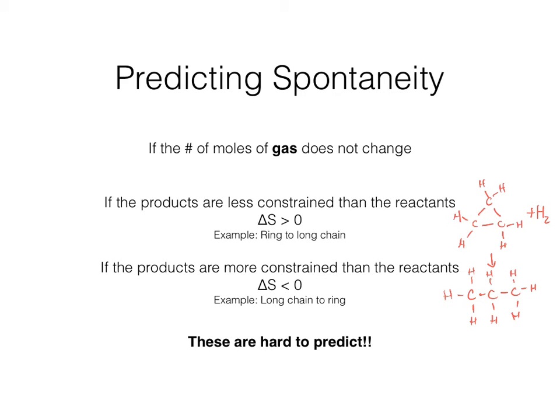So something like this, you would expect the entropy to increase. And if you were going the other direction, you would expect the entropy to decrease. These sorts of things are very hard to predict. I do not expect that these are things that your lecture instructors are really going to expect that you are able to do a lot of prediction with. But follow their lead based on what they've told you in lecture.